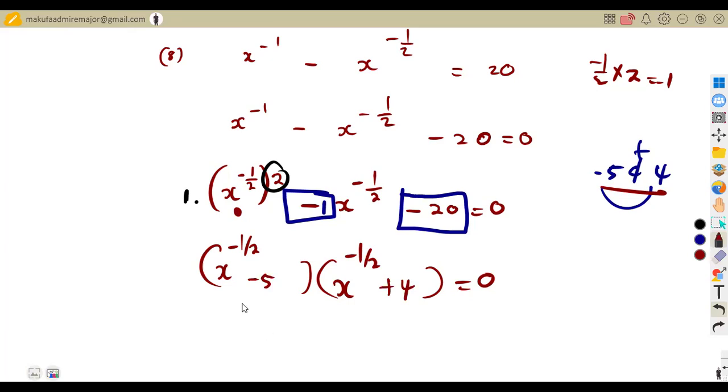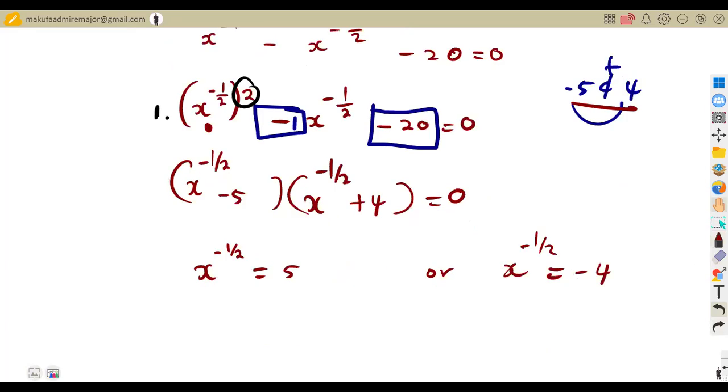So that's it. One of these brackets must be equal to 0. So what does it mean? It means x to the exponent of -half must be equal to, transpose -5, it becomes what? A +5, or transpose this, x to the exponent of -half is equal to, transpose +4, it becomes what? It becomes a -4. So what is the reciprocal, the inverse of -half?